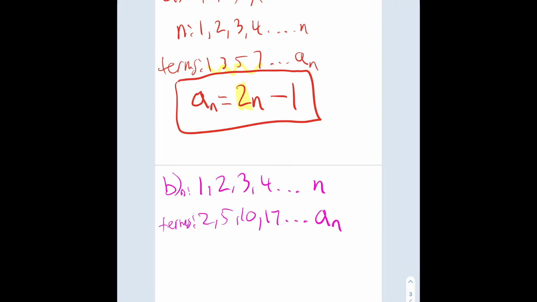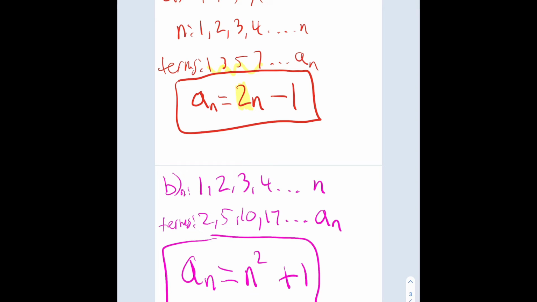So I'm going to say it seems that each term is one more than the square of n. So the apparent nth term is a sub n. So again, 1 squared is 1, 2 squared is 4, 3 squared is 9, 4 squared is 16. So I'm taking whatever my squared number is, and I'm adding 1 to it.